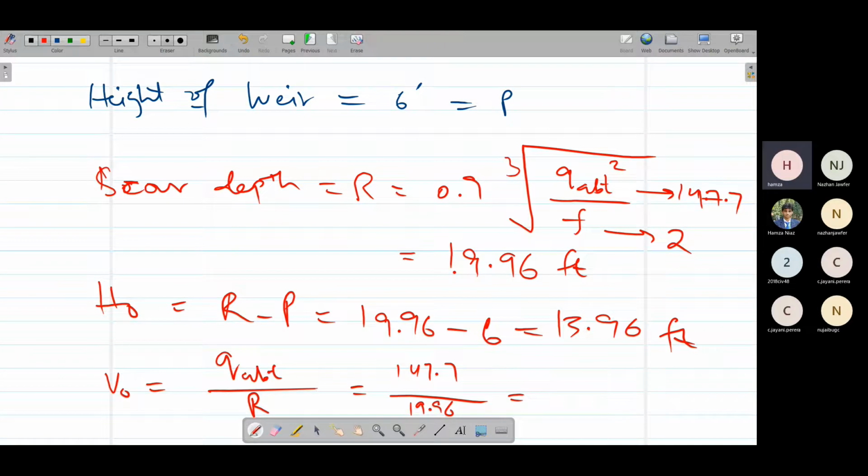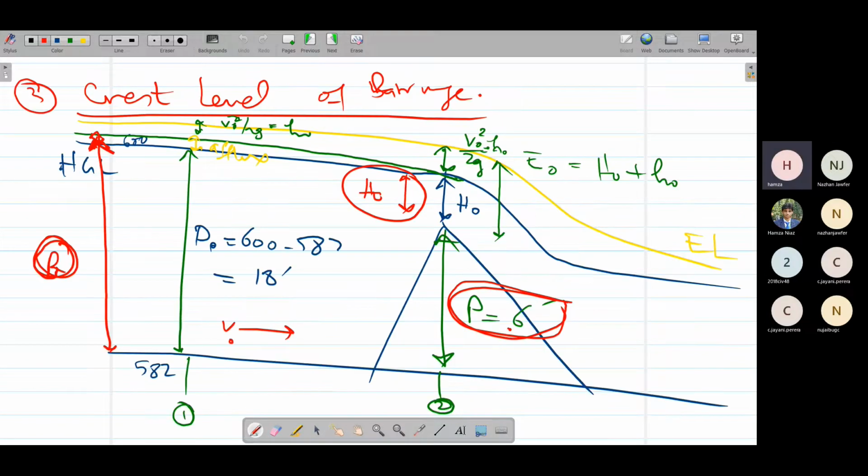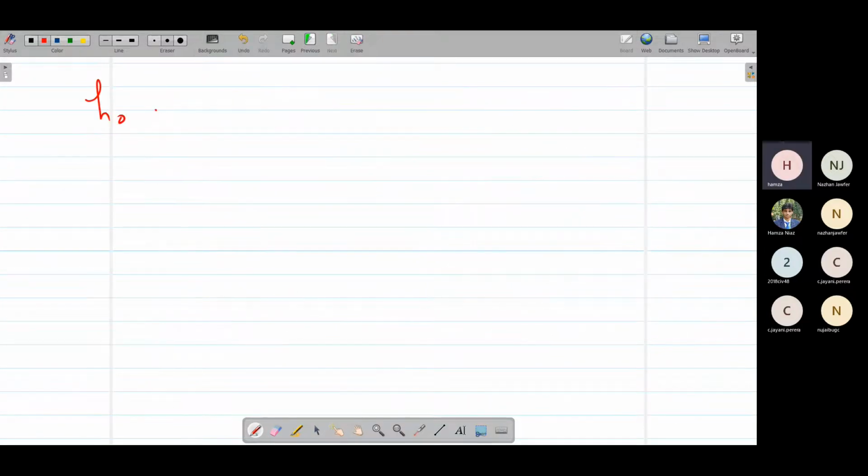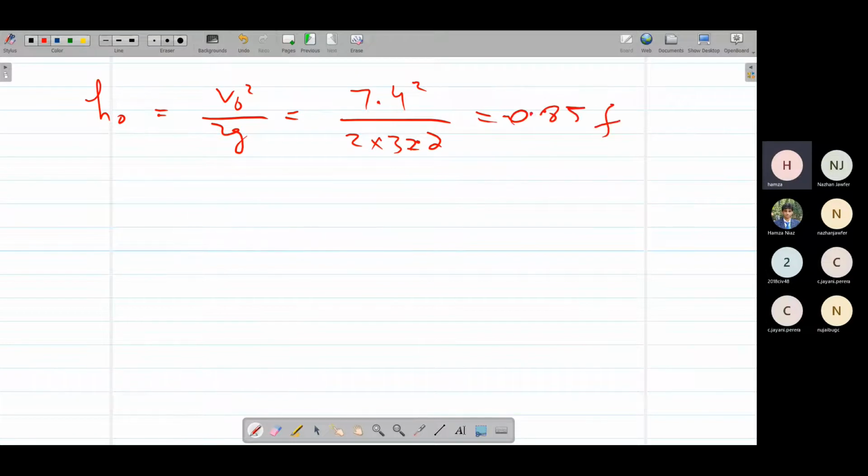If we divide them, we get the V naught value, that would be 7.4 feet per second. So we can calculate the velocity head, small h naught, as V naught square over 2g, 7.4 square over 2 into 32.2, because we are using FPS units. So we get the velocity head above the weir crest as 0.85 feet.